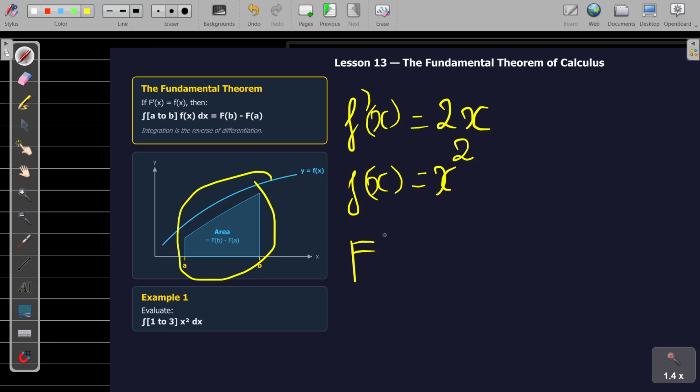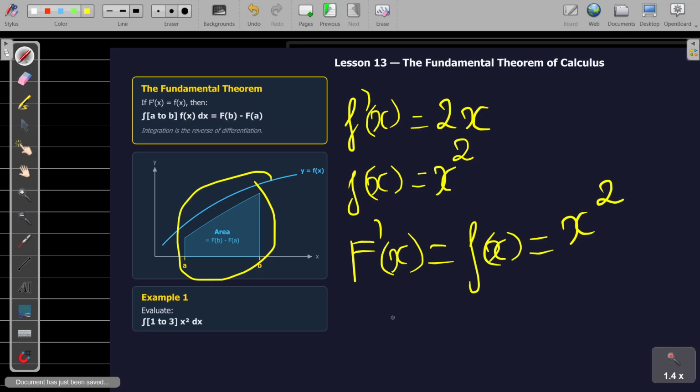We have to go all the way in reverse, in an antiderivative way. The antiderivative of 2x is x squared.